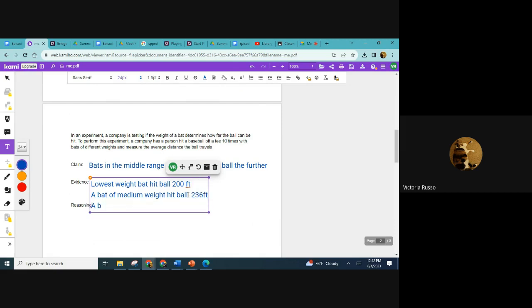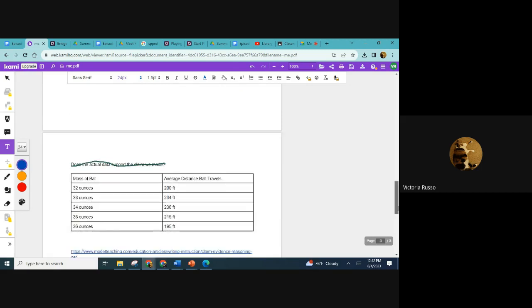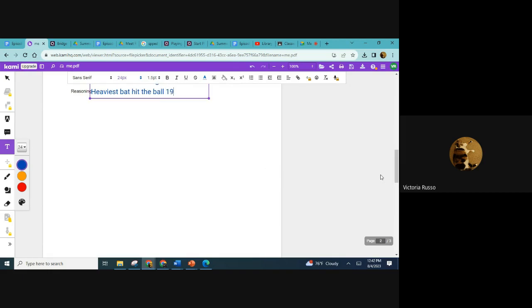And the heaviest bat hit the ball, when you go down, it's 195 feet.